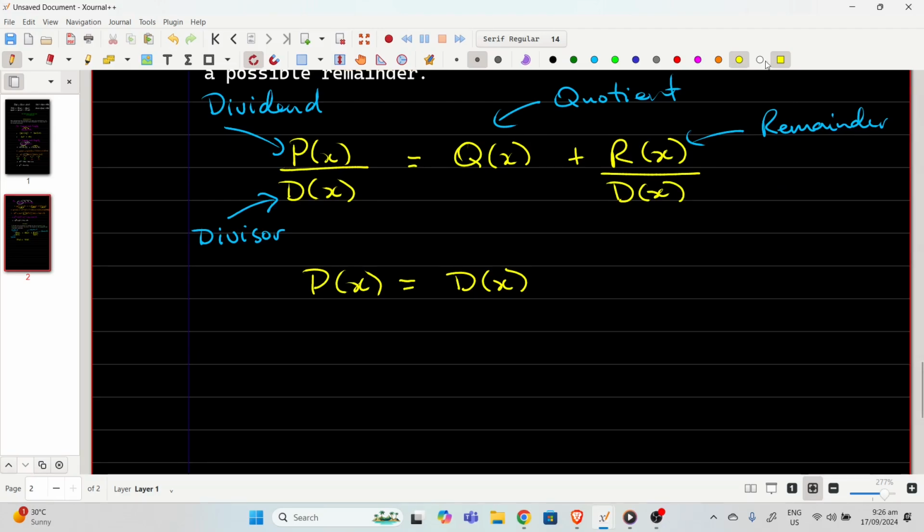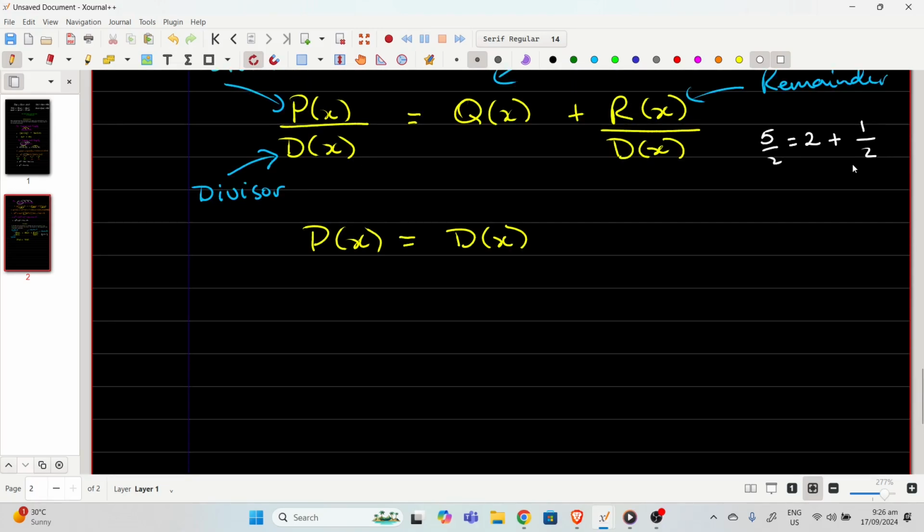So if I had 5 divided by 2, I would get 2, which is the quotient, and then I would have remainder 1 divided by 2. Notice how this is the dividend, this is the divisor, and this is the quotient, which is the result of taking 5 divided by 2. It's the same thing here.